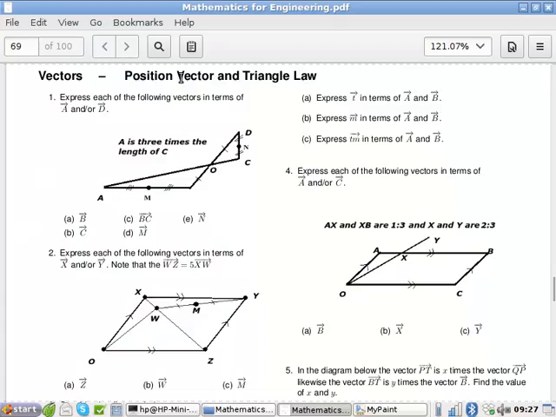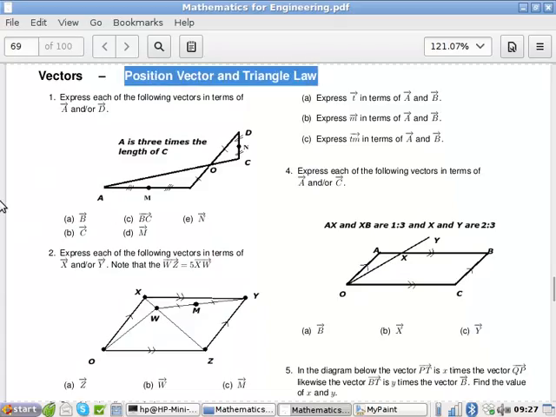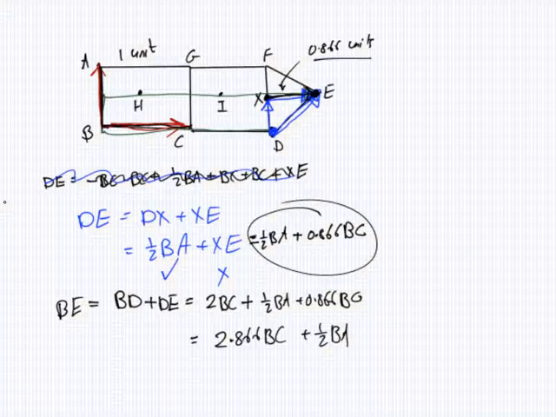So this is what we're going to have a look at: position vector and triangle law. Got that? Yep. Okay.